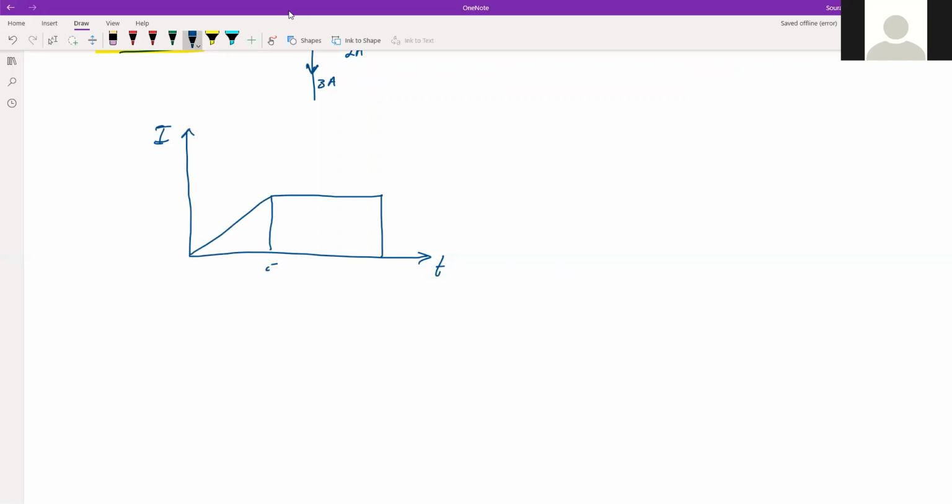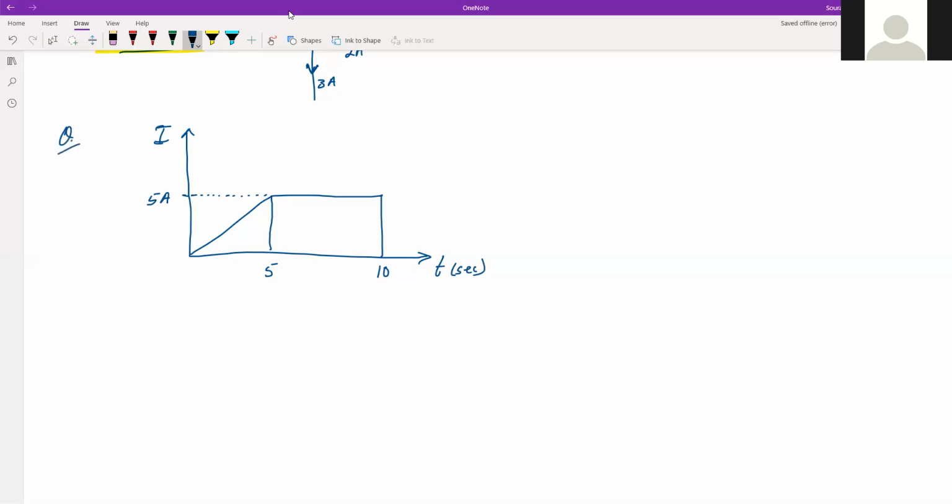It's given that this is 5 seconds, this is 10 seconds, and this point is corresponding to 5 amperes. It shows a plot of current through the cross section of a wire over a time interval of 10 seconds, and current is in amperes. You have to find the amount of charge that flows through the wire.